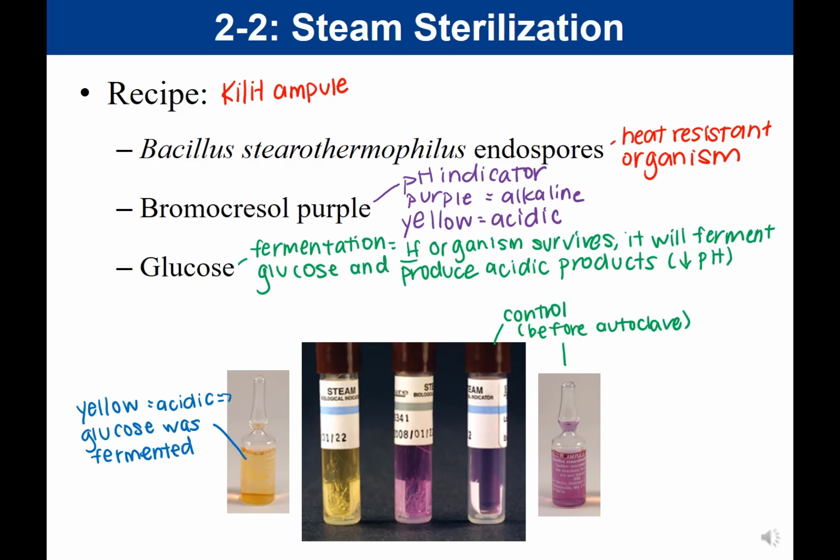So if the ampule at the end of this is yellow, does that tell you, was steam sterilization achieved or not? So meaning, was it sterilized? And the answer is not sterile.